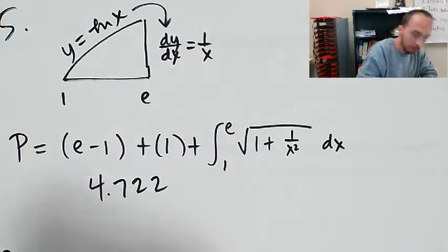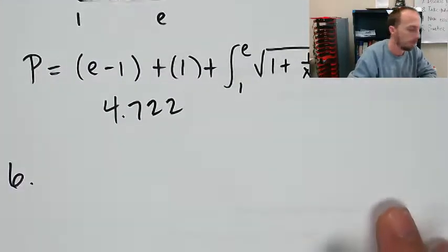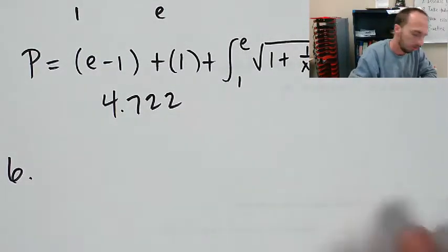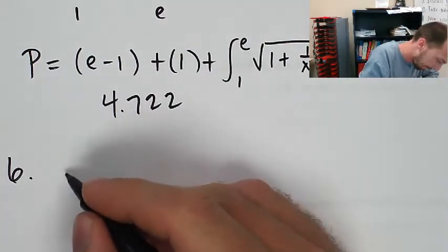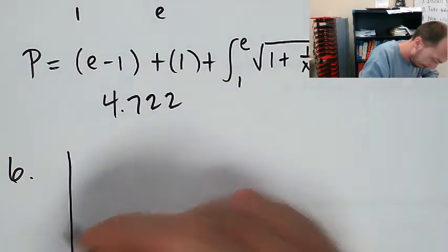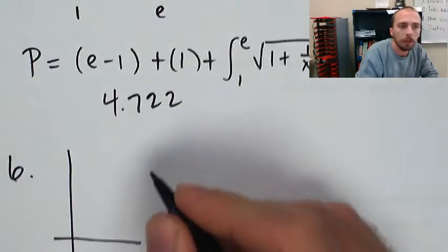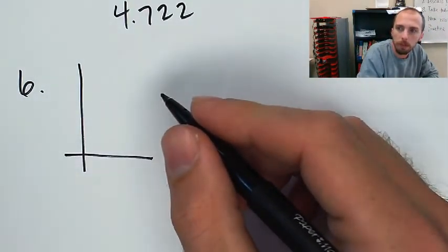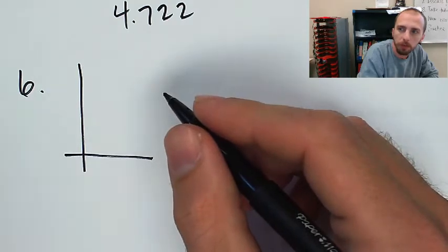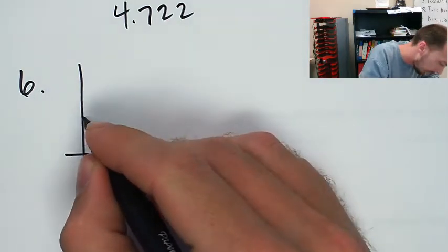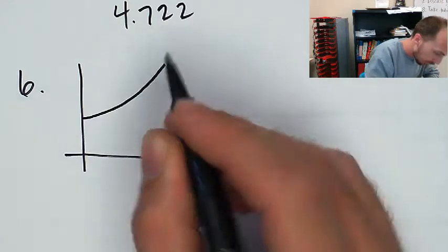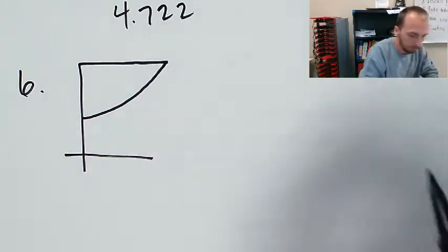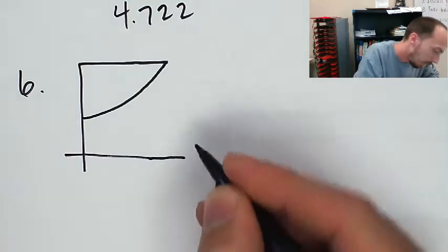All right, and number 6 is going to be find the perimeter of D. All right, okay, this should be a good one. So for D, that one's bounded from below by y equals 2 minus cosine x, and from above by this horizontal line that it's not very nice and didn't tell you about.